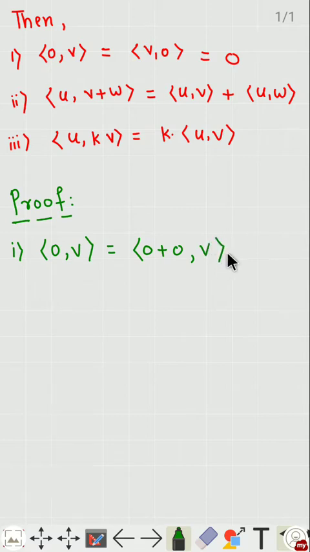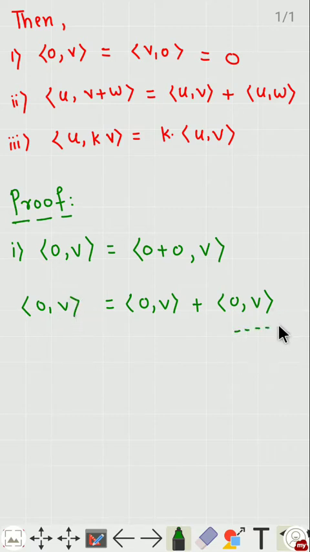By using the additivity property, on the left hand side it is equal to the inner product of 0 vector with v plus the inner product of 0 vector with v. So this is the additivity property, and let us call it equation 1. So the left hand side is the inner product of 0 vector with v vector.